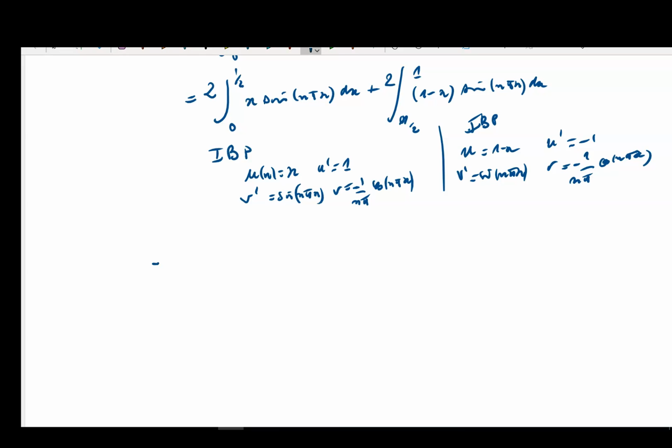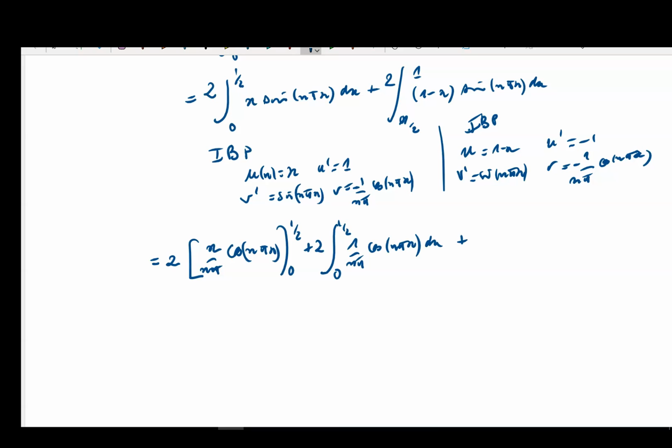So now let's plug in this IBP two times. So x over n pi cos n pi x between 0 and 1 over 2. Minus, from the v gives me a plus, so plus 2, the 2 that was factored here, 2 integral between 0 and 1 over 2 of 1 over n pi cos n pi x. Okay, that's for the first one. Second one is just going to be 2 times 1 minus x.